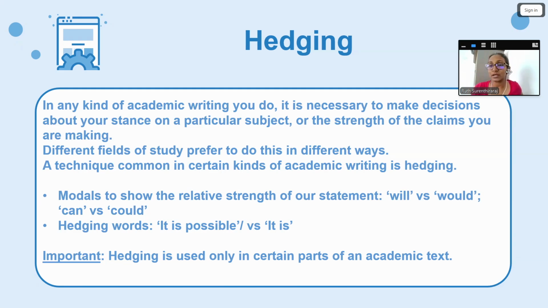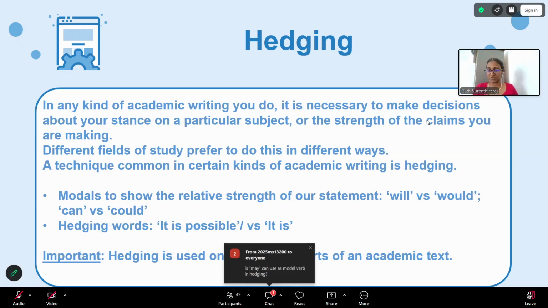So when you are writing academically, wherever you are making a claim, wherever you are making a conclusion, it is advisable to use hedging language to show that you know there can be some loss of data, some loss of perspective in the way that you are reading your data. We'll do some examples. I'm not sure whether this is clear to you, but if you have questions, please send them.